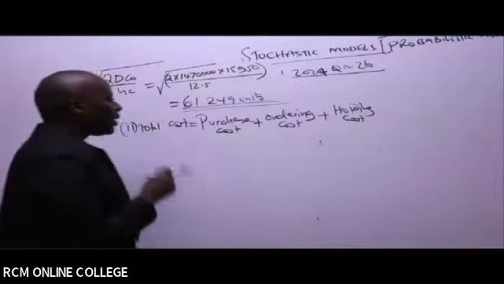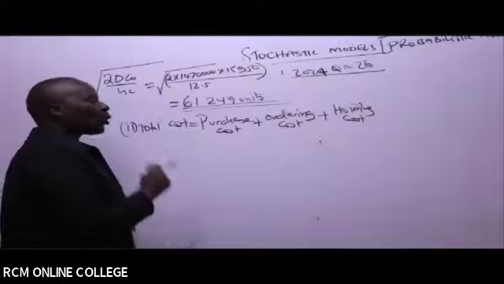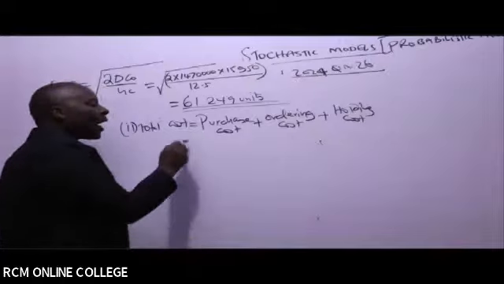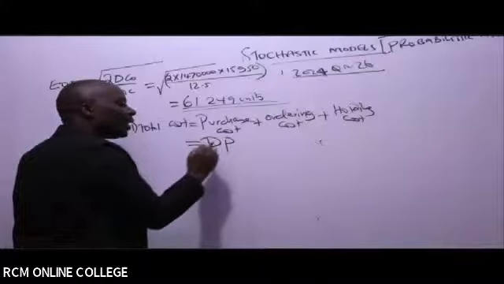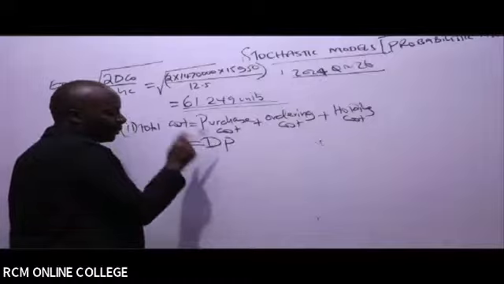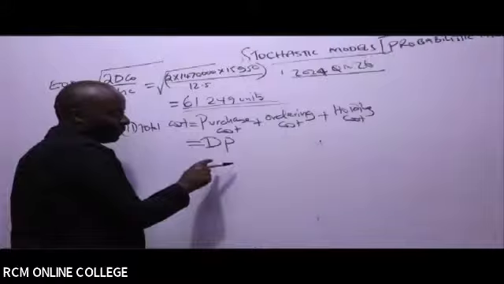This is how we calculate the total inventory cost. The purchase cost, we take DP: annual demand times purchase cost per unit.